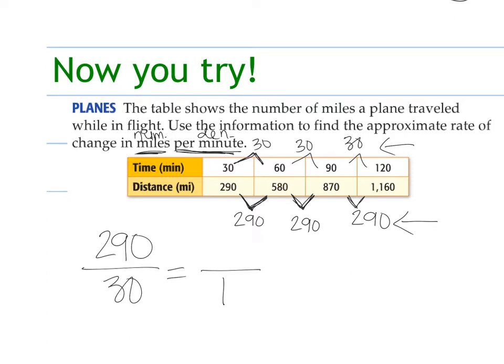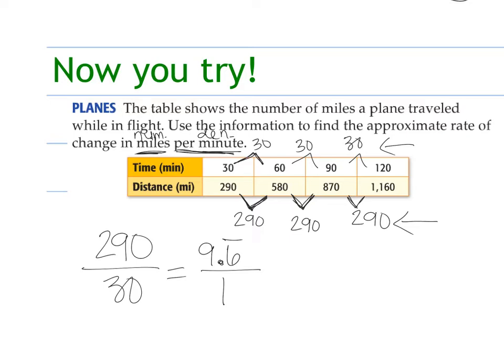So we know then that we find 290 divided by 30. And we get 9.6 repeating. Even though your calculator says 9.666666 and then 7, it's just because it rounded it up to 7, but it's really 9.6 repeating. So then what is this telling us?